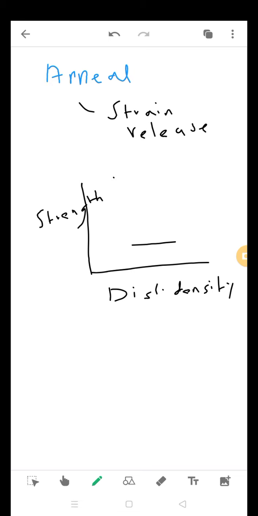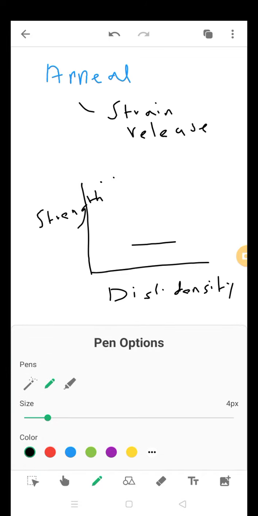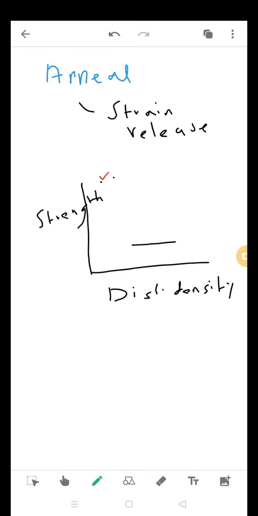However, if you look at these places in the plot, these are those where, due to lack of any dislocation, the strength in the crystal is very high. So we call it defect free regions. Whereas this region is the annealed region. So you can see that there is a significant decrease in stress due to annealing.